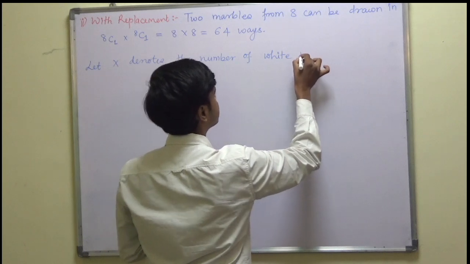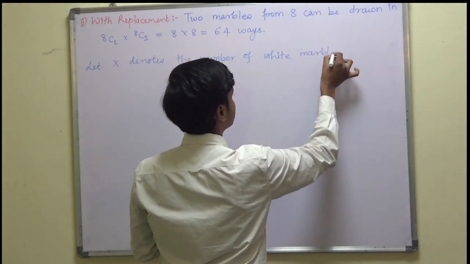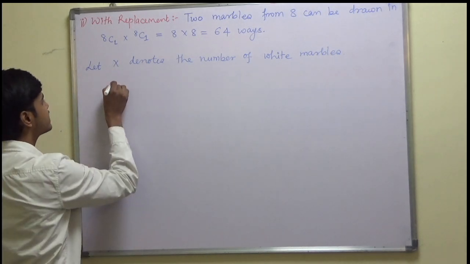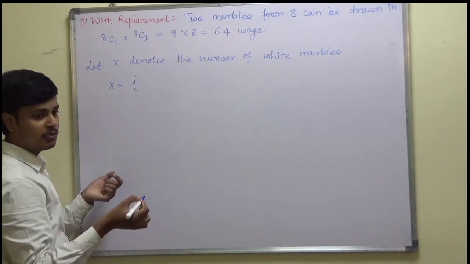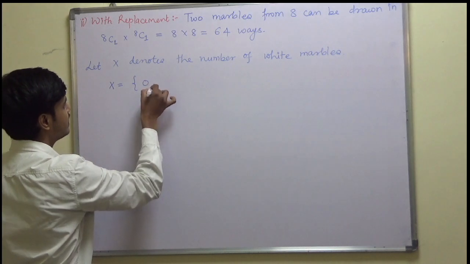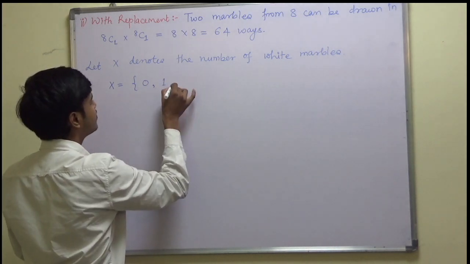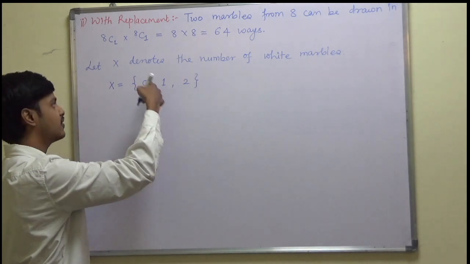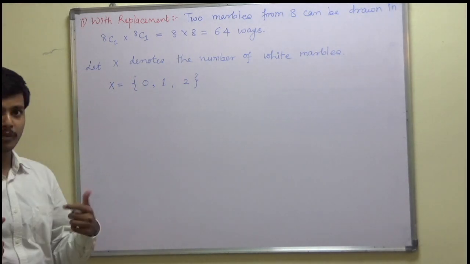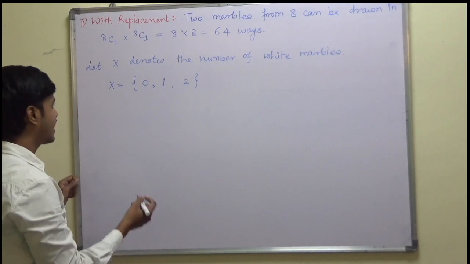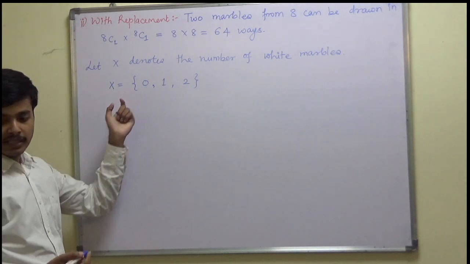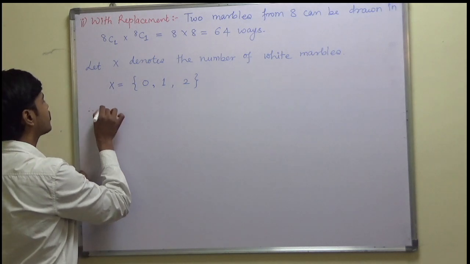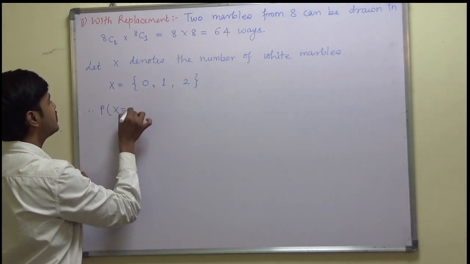So x is equal to, since we withdraw 2 marbles, the possibilities are: both marbles are white, 1 marble is white, or neither is white, so both are black. After this, let us find the probability. Therefore, probability of x equal to 0.